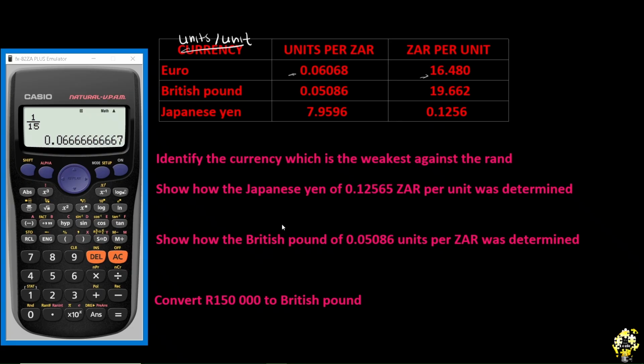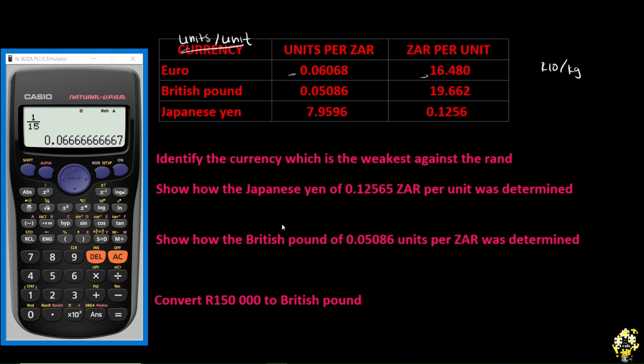After you have cancelled currency and written units or unit, this is also what I want you to do. Whenever they say units per ZAR, think of going to a store where you are interested in buying a bag of tomatoes. This is something that would be written on that bag. Sometimes you might have something like 10 rand per kg.